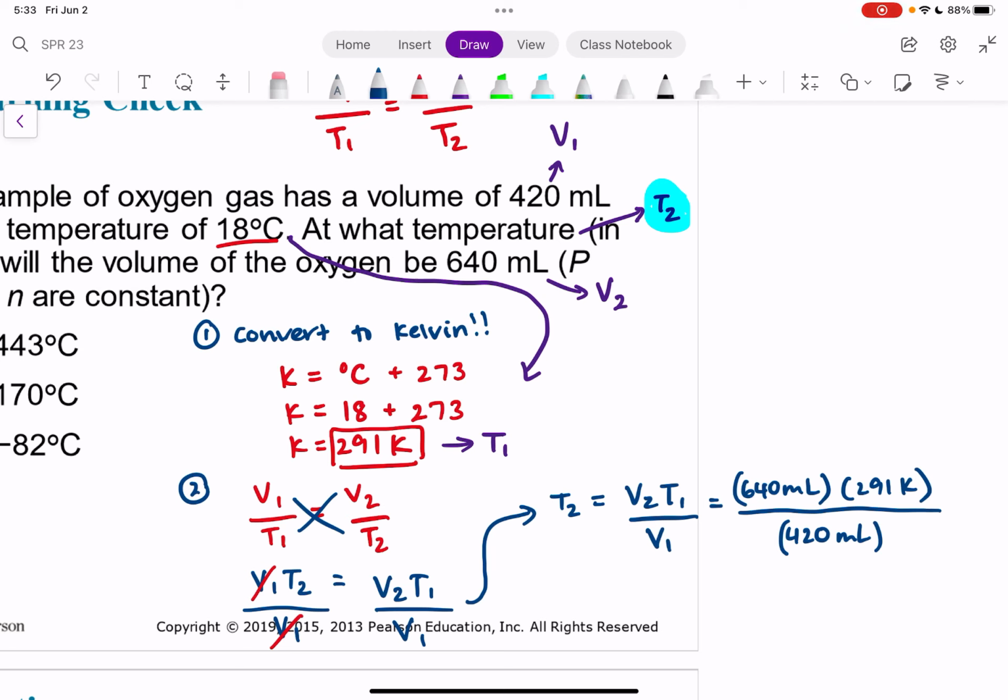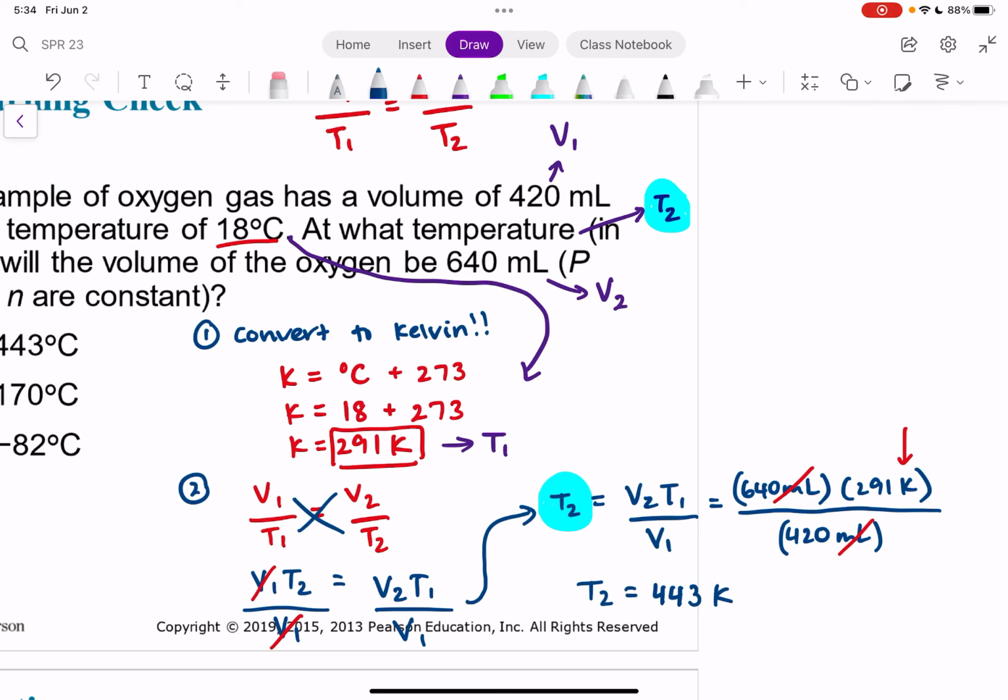All right, so let's do a quick unit check. We can cancel out those mL, and we're left with Kelvin, which is a unit of temperature, which is what we want to be in eventually. So perfect. I want to color code this just so we don't get lost in the sauce here. So, okay, so now we got T2, 443 Kelvin.